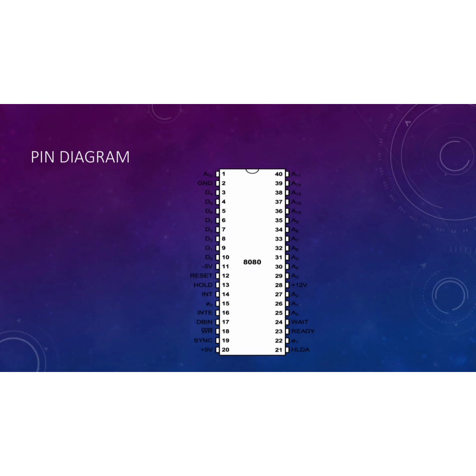It has an output, and HLDA, it is also an output which confirms the direct memory access, and READY, it is an input, WAIT, it is an output, A0 to A2, it is also an address bus, A3 to A11, it is an output which address bus can switch into high impedance state on demand.